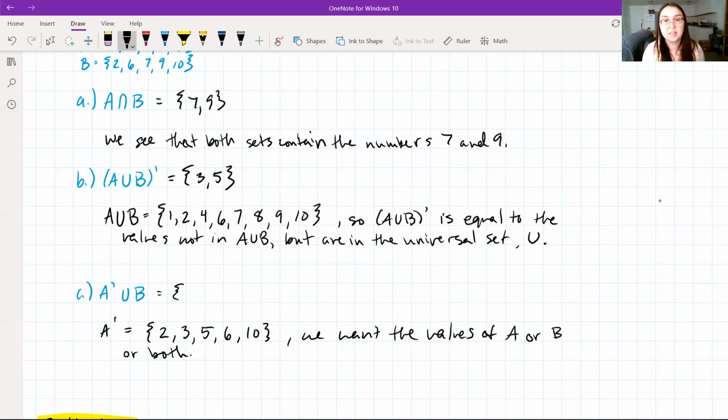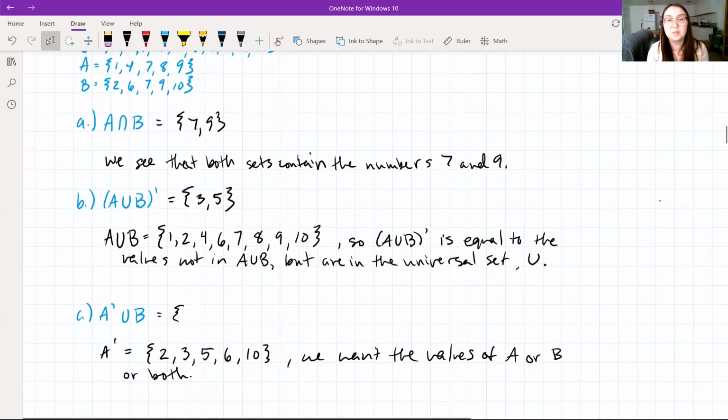When we write out our sets, once again, we always want to go in increasing order. So let's start with our lowest value. It's going to be 2. Next value is going to be 3. Then we'll have 5. Then 6. Then 7, 9, and 10. So that is what we got for A complement union B.